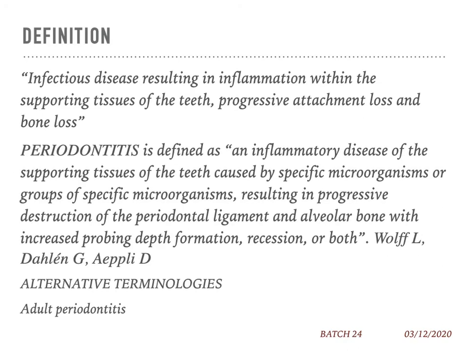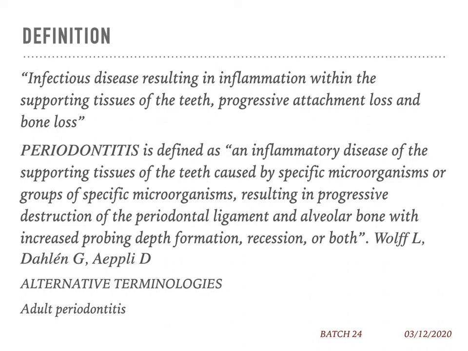Coming on to definition, what is periodontitis? Periodontitis is an infectious disease resulting in inflammation within the supporting tissues of the teeth and progressive attachment loss and bone loss. According to Wolf, periodontitis is defined as an inflammatory disease of the supporting tissue of the teeth caused by specific or a group of specific microorganisms, resulting in progressive destruction of the periodontal ligament, alveolar bone, with increased probing depth and recession, or both.